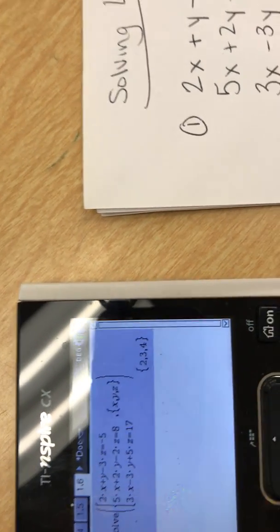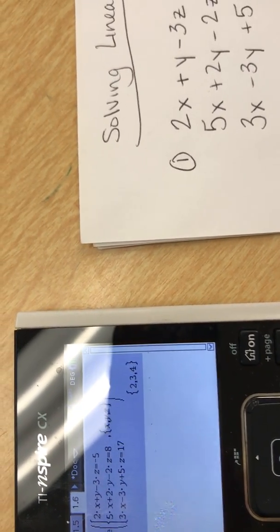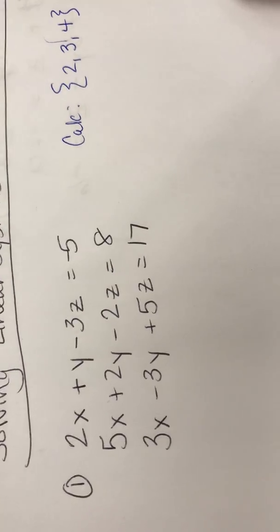Hit enter, and now you know what your answer should be. So at least on the regions, you've got your 1 point for the answer, okay? But now let's go through and actually do the problem algebraically, okay?